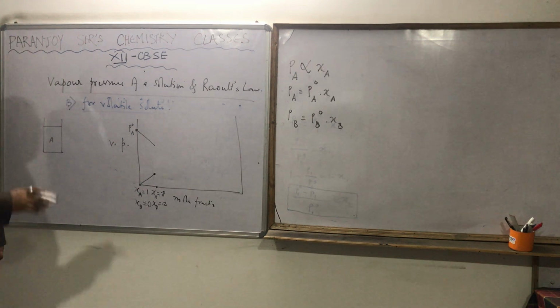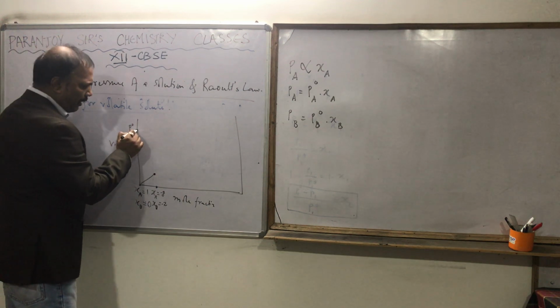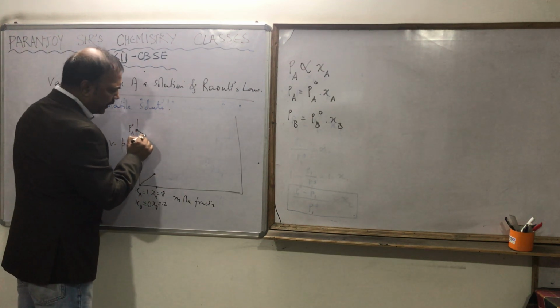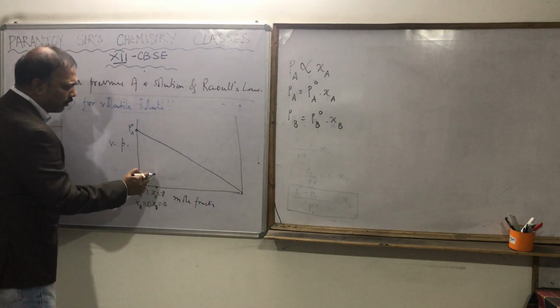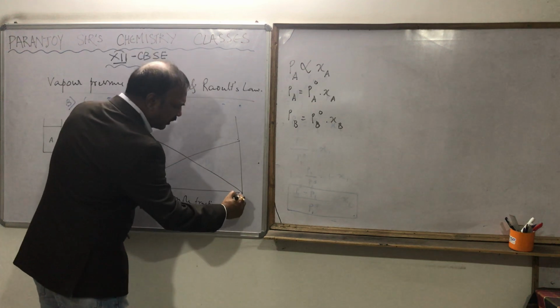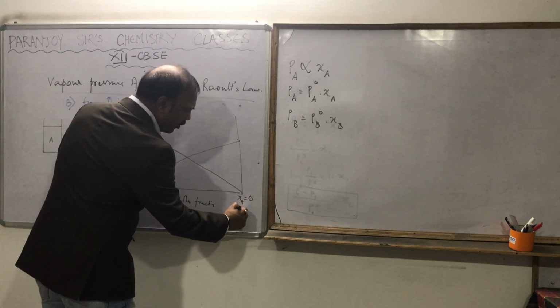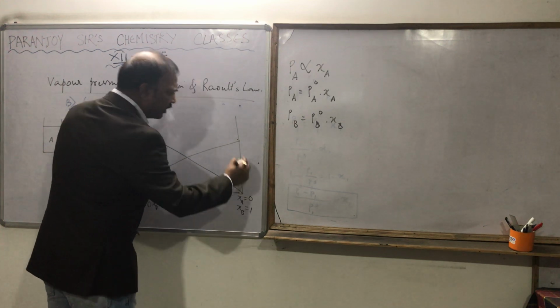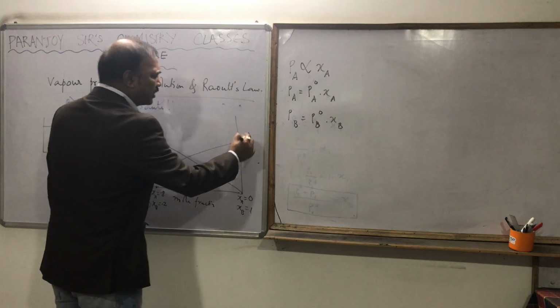If we keep on adding B, the vapor pressure of A will keep on decreasing, and one time will come when it becomes equal to 0. At this particular condition the mole fraction of A is equal to 0 and the mole fraction of B is equal to 1, and this is the vapor pressure of B at pure condition.